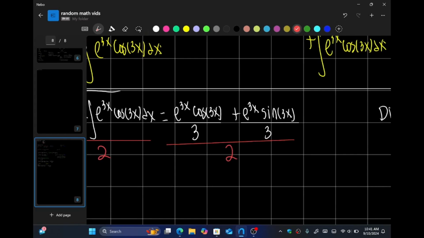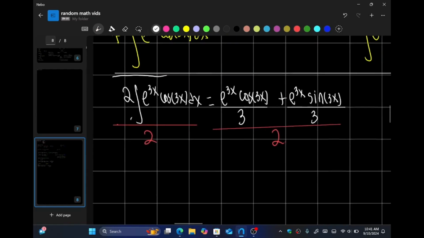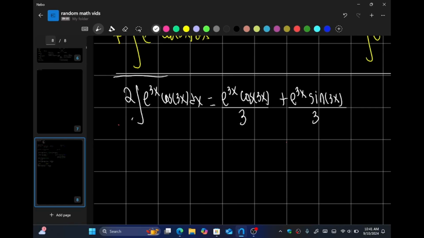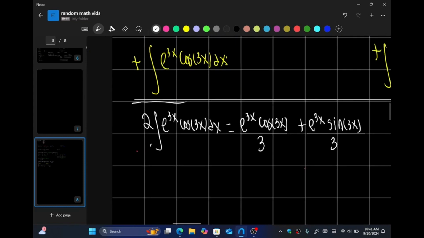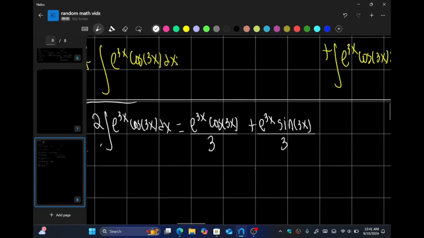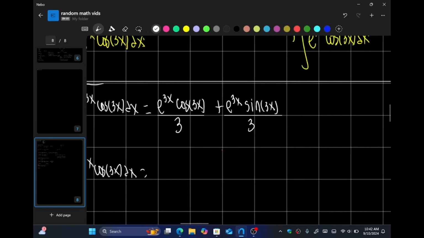And actually, guys, I forgot to do one thing here. I'm going to be very creative with this. I know this is going to sound confusing, but here is what I'm going to do. 2 times the integral of e to the 3x cosine of 3x dx is equal to e to the 3x cosine of 3x plus e to the 3x sine of 3x, all over 3.